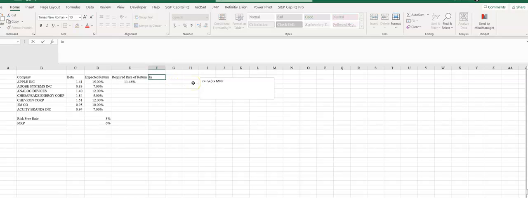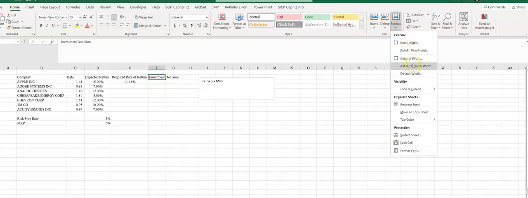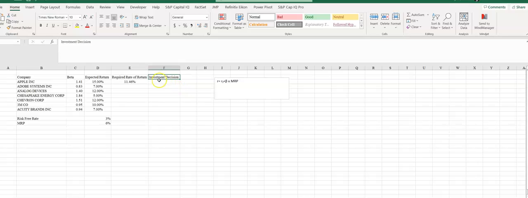Let's say investment decision. So we will decide whether we are going to invest or not. In Excel, actually, there is a nice function that you could use just to do something like this. There is a logical function.